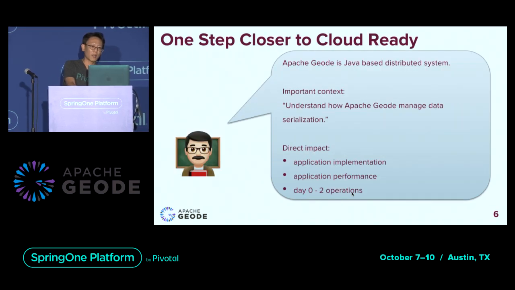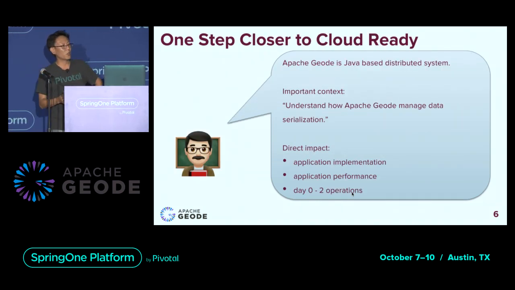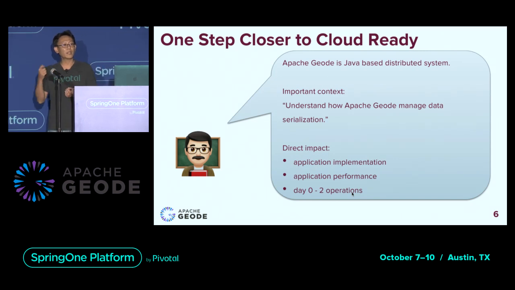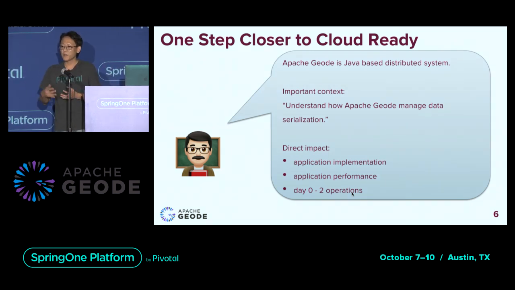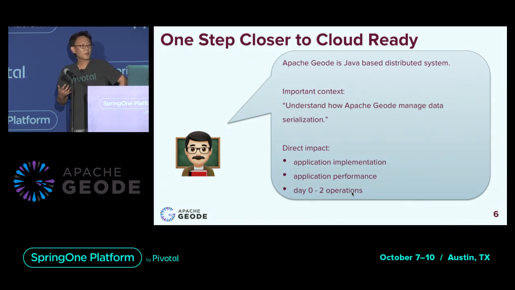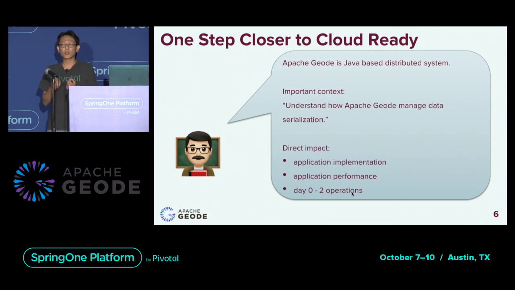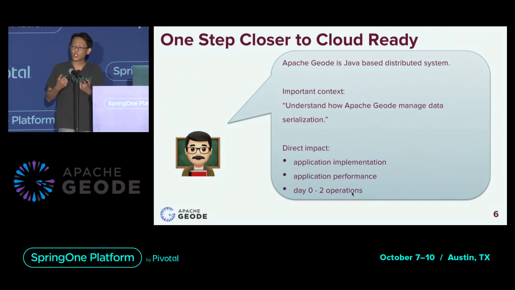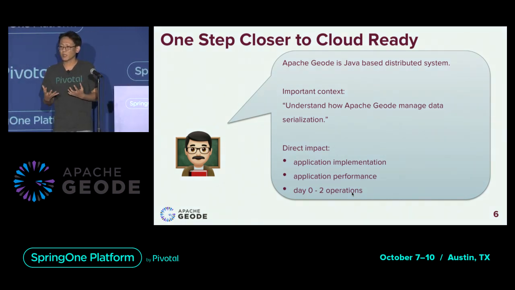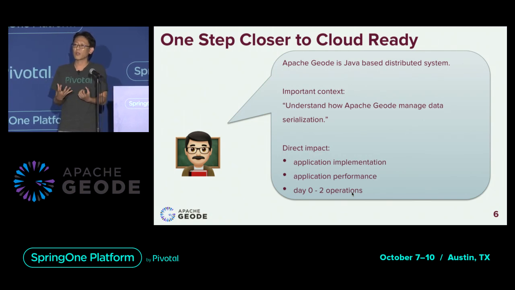So to answer those questions, or at least help us get one step closer to cloud ready, maybe not cloud native yet, but let's say cloud ready, there's one very important aspect we have to understand. We need to understand how Geode manages data serialization, and the context around it.